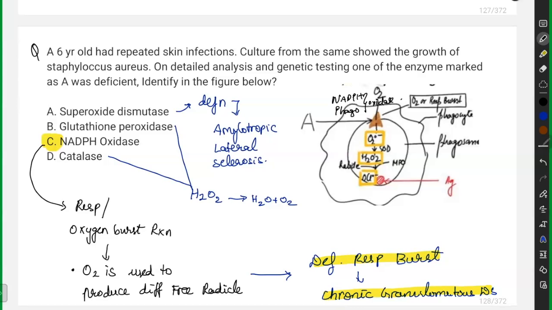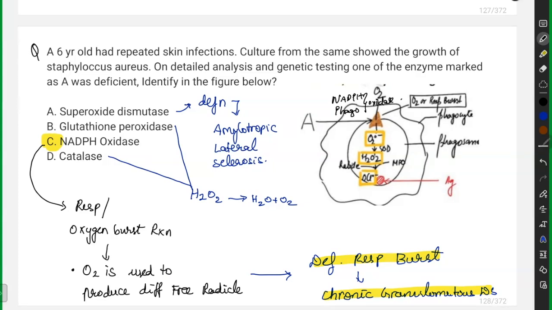Okay? So remember, respiratory burst is otherwise called as oxygen burst. Respiratory burst results in the rapid release of reactive oxygen species. NADPH oxidase is otherwise called as phagocyte oxidase or phagocyte NADPH oxidase. This is chiefly responsible for formation of hydrogen peroxide. Once hydrogen peroxide is formed, you have something called as peroxisomes, where catalase will be there.